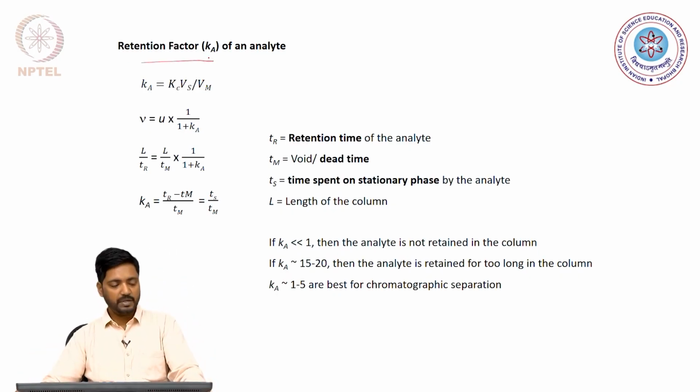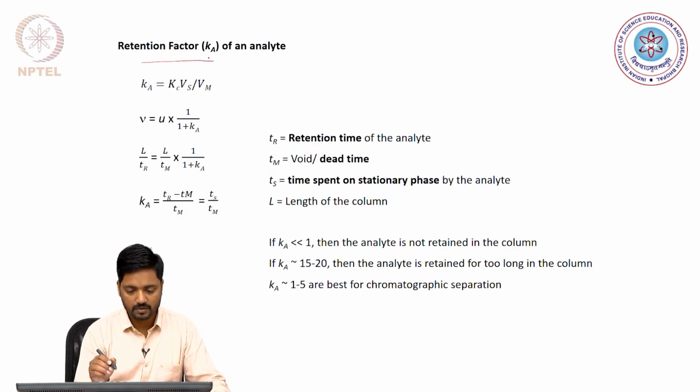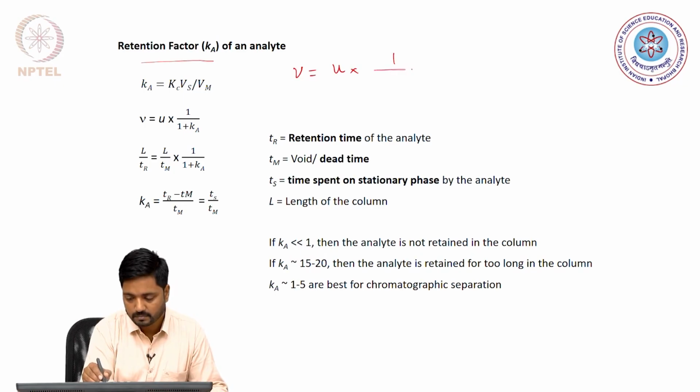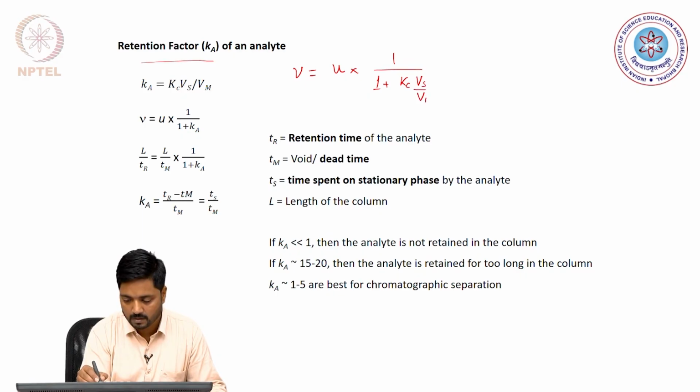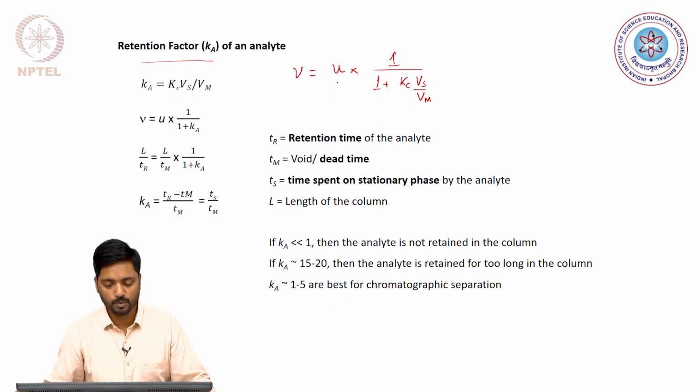Now, in the previous equation, where we had the average linear velocity for the solute being equal to the linear velocity of the solvent or the mobile phase into 1 by 1 plus Kc, which is the distribution constant, into the volume of the stationary phase divided by volume of the mobile phase.